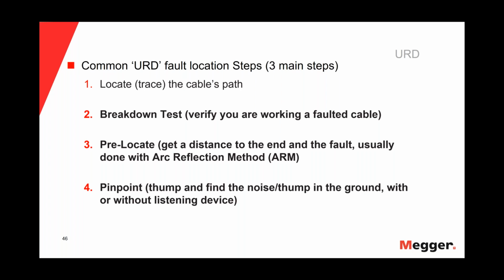However, many times we need to use that listening device. And again, we've beat it to death, but the right listening device to use is one with the coincidence method, where you're combining an electromagnetic pulse with the acoustic signature. And between those two sensors, we can determine how far away we are from the fault.